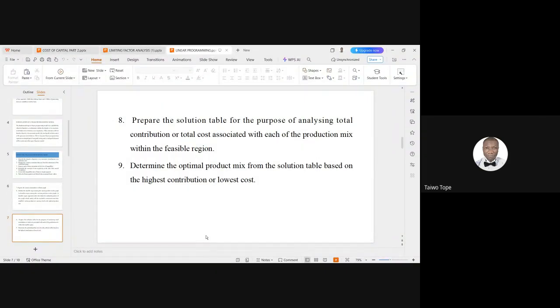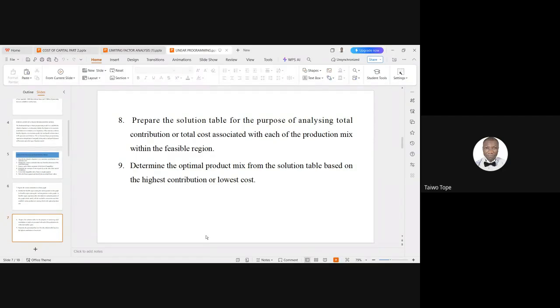So once you plot your graph, still using your graph, you can have a solution table where you can identify at what point on the graph you will have the highest contribution.